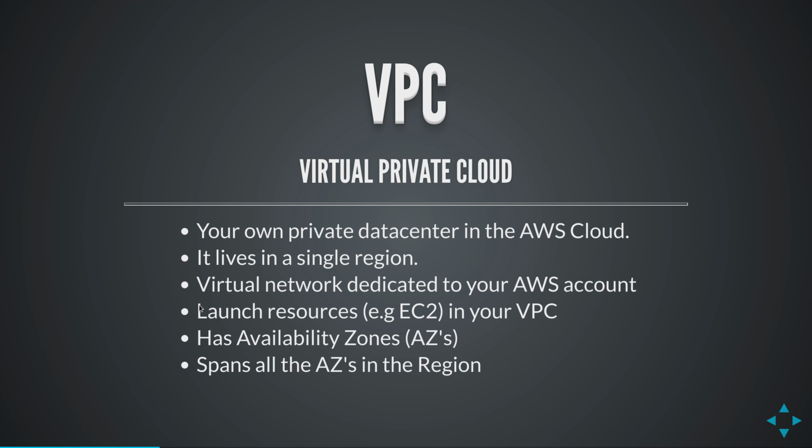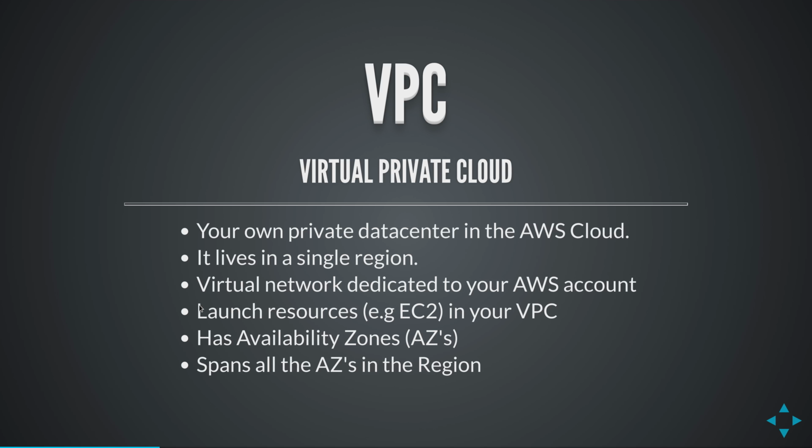One of the things we need to do is set up our virtual private cloud. A virtual private cloud is kind of your own private data center in the AWS cloud, and it's living in a single region, so it doesn't span multiple regions. It's a virtual network or networks dedicated to your AWS account, and when you launch your resources in your VPC.